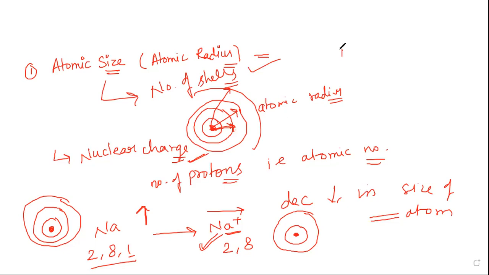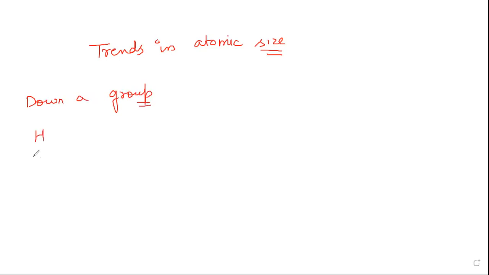Now next we will talk about the trends in atomic size. First, when we are moving down a group, down a group means hydrogen, lithium, sodium, potassium.